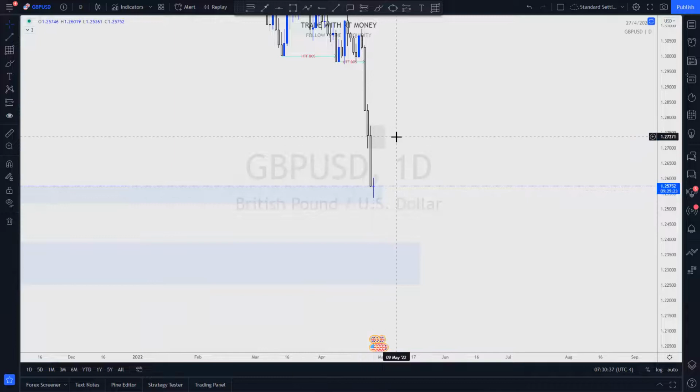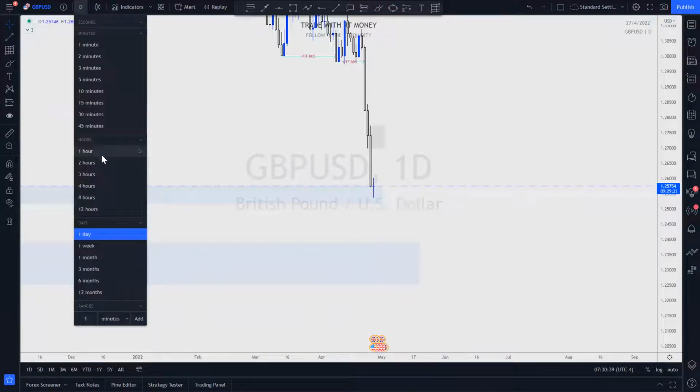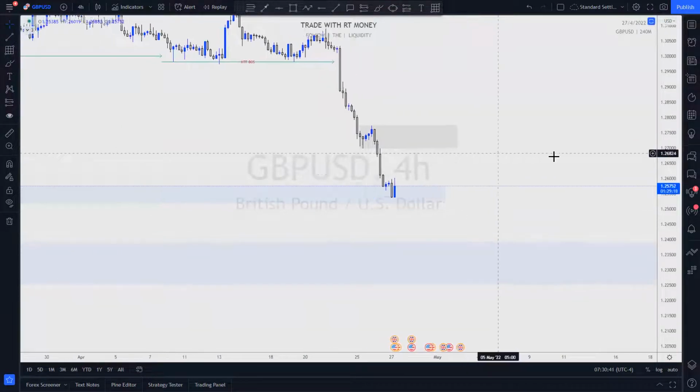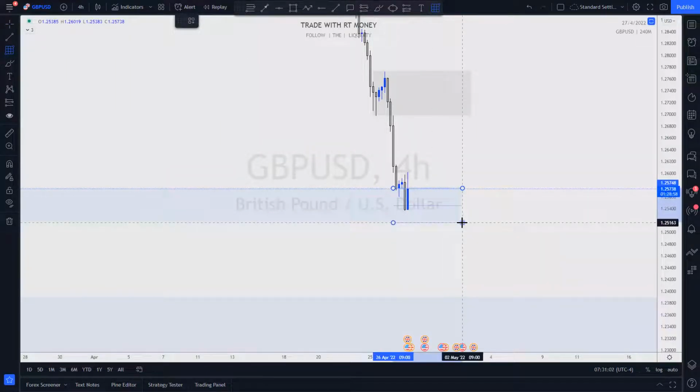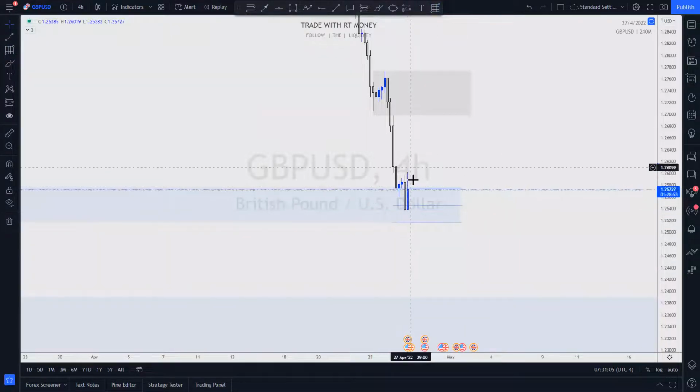A game plan for if price goes up or if price goes down. Let's take a look at the 4-hour, maybe we can get some clarity on this. Now we can see that price is rejecting from this middle, but we also have the rejection and exhaustion shown in those wicks here. We're past the 50% of the zone, and there's a possibility that price could be heading up.